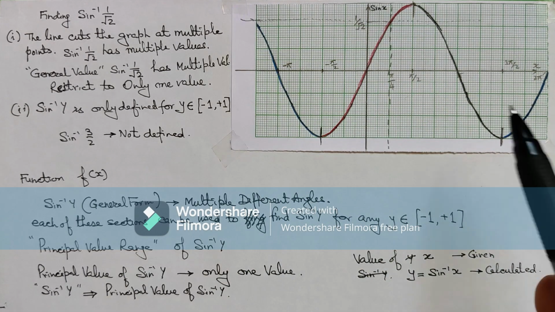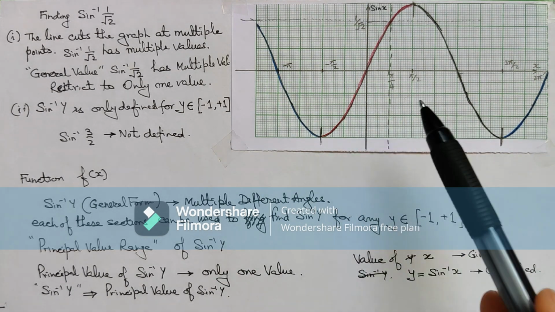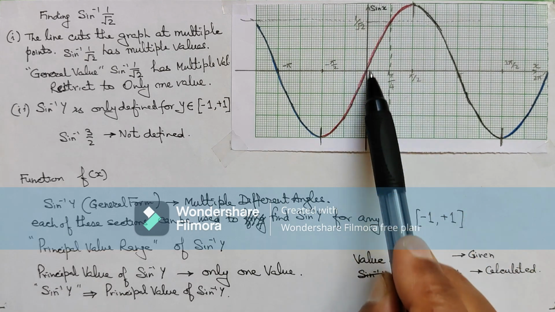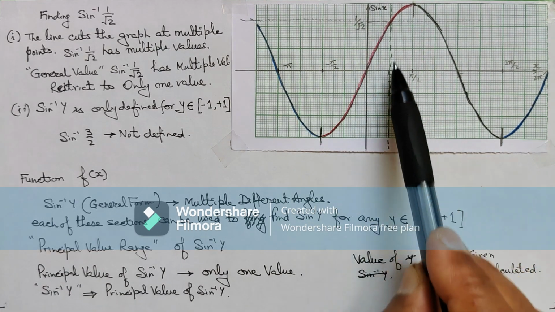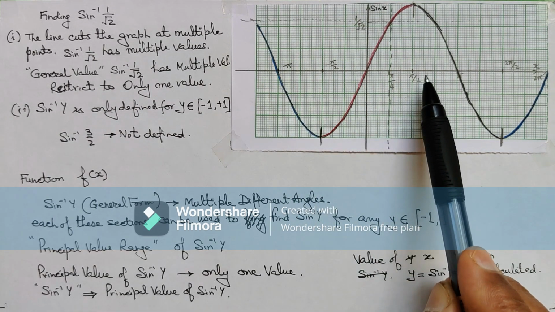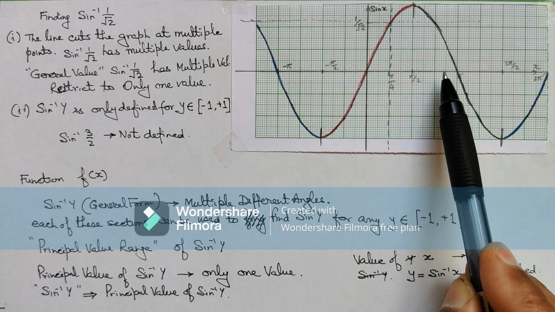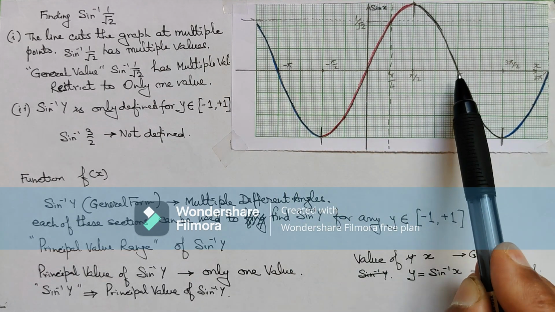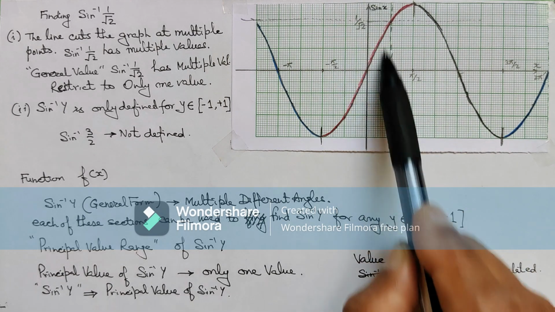So while in this case I have been using the same graph to find sine inverse by locating the given value on the y-axis and then arriving at the corresponding value of x, and I am using the same graph to find sine of an angle by locating the angle on the horizontal axis and arriving at the sine of that on the vertical side.